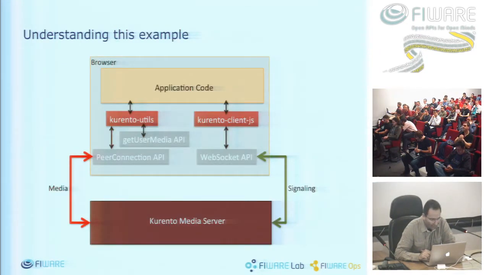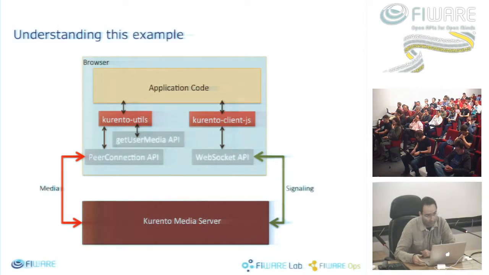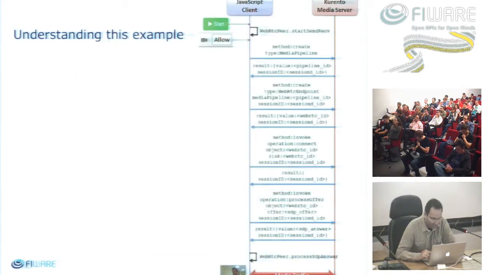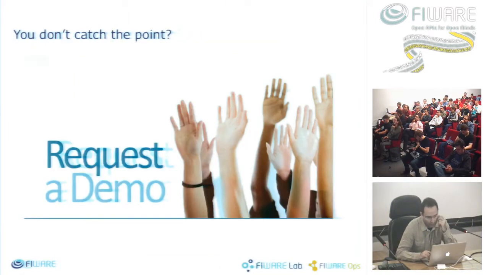And the architecture was this one. In the application, you just need to consume a couple of APIs, the Kurento client API. Through the Kurento client API, we are going to create the pipeline and the WebRTC endpoint. And through the Kurento utils, we are going to control the WebRTC capabilities of the browser. Okay, so this is just a reminder.